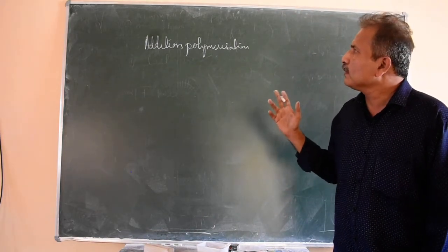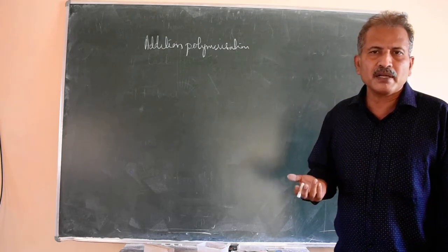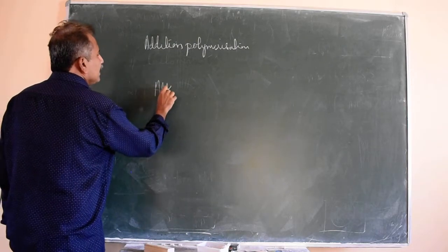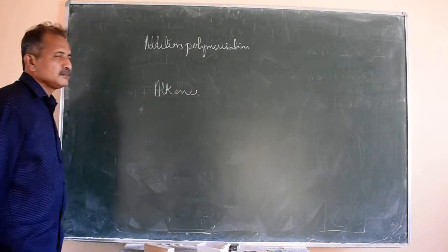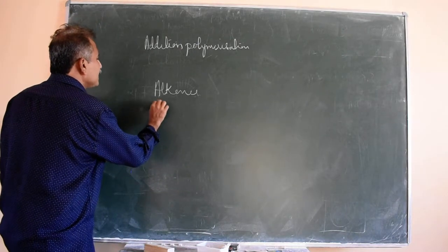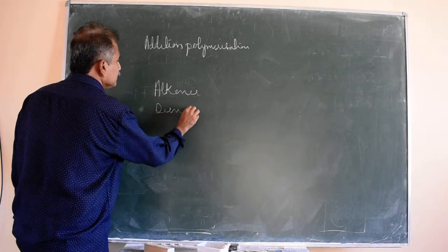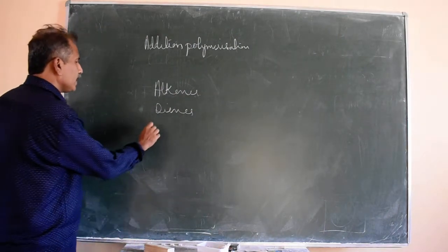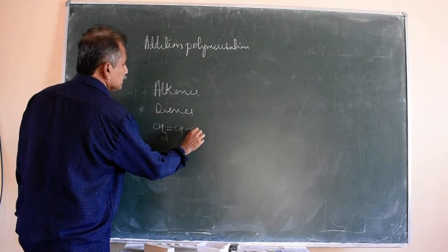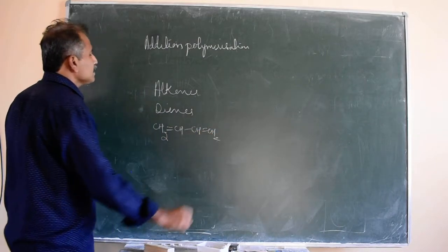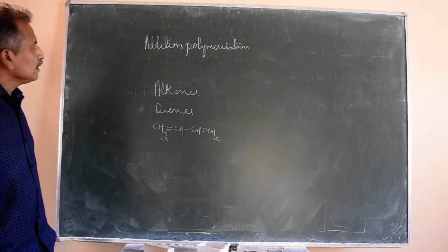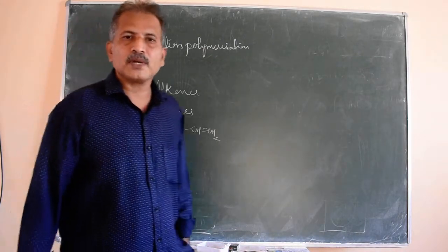If you want to do addition polymerization, the best raw material is always an alkene. Alkenes readily undergo addition polymerization. Other than that, you can also use dienes, like butadiene. So alkenes and dienes, and also their derivatives are very good raw material for doing your addition polymerization.